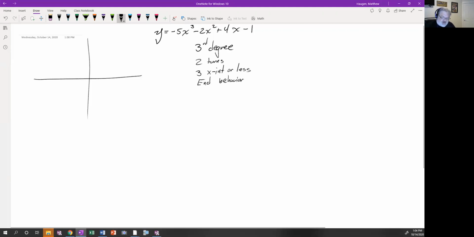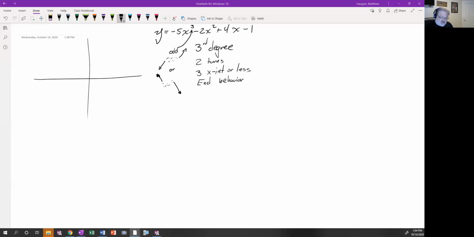So the fact that it's odd degree means its end behavior is going to be pointing in opposite directions. So odd degree means we're either going to come from the bottom and then turn as much as we turn and then leave upward, or it's going to come downward, turn as much as it turns, and leave downward. Essentially, if you're an odd degree, you're either generally increasing with some wiggles in the middle or generally decreasing with some wiggles in the middle.